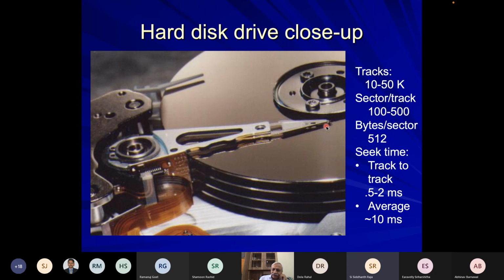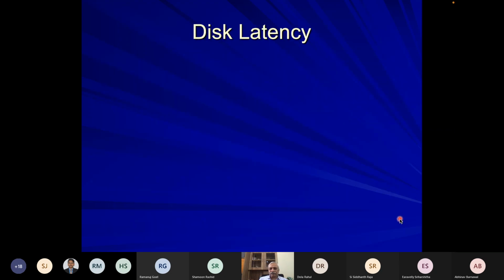What we need to know is the average seek time and average rotational time. Normally the disk will rotate by half a circle before you start reading. In the best case, you may not need to rotate at all. In the worst case, it may be almost a full circle. So the average is like half a circle.